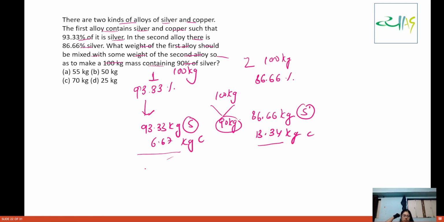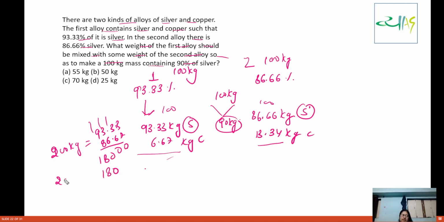So basically, to make it 90 kilogram in 100 kilogram, if you are adding 100 plus 100, so in 200 kilogram, how much silver are you having? 93.33, and let us take 86.67. So I am getting this becomes 0, this becomes 0, and this becomes 180.